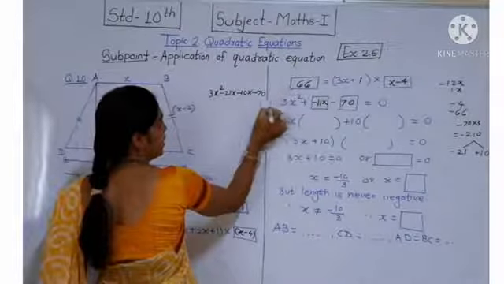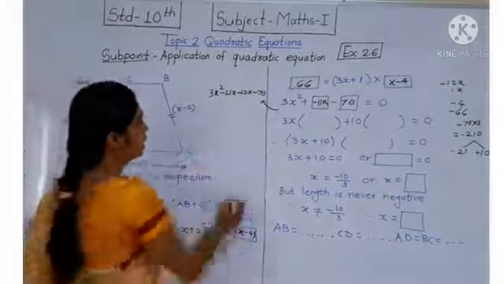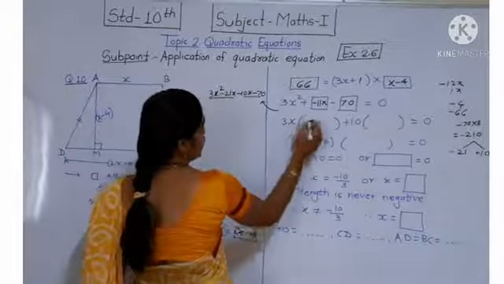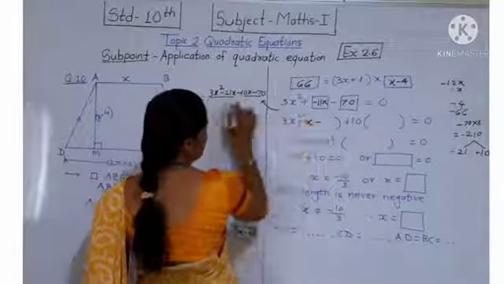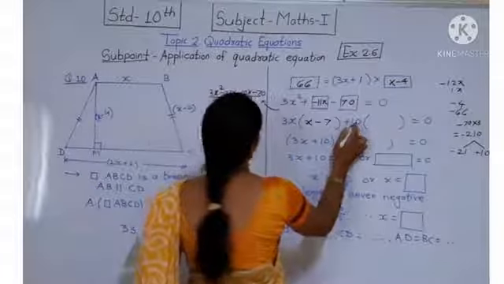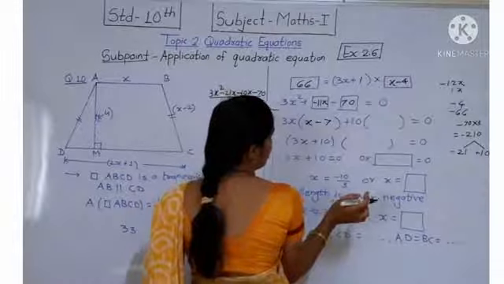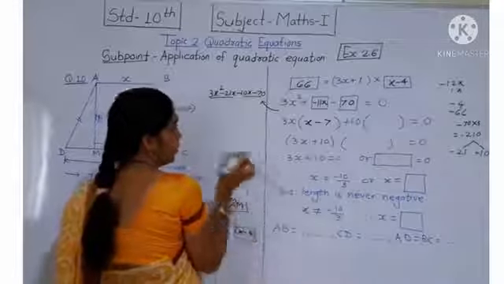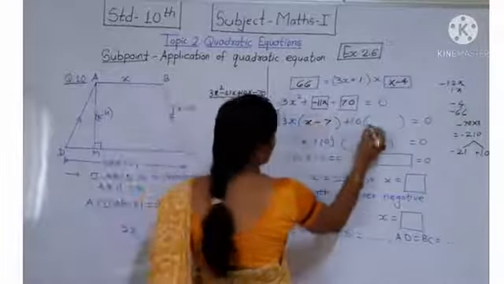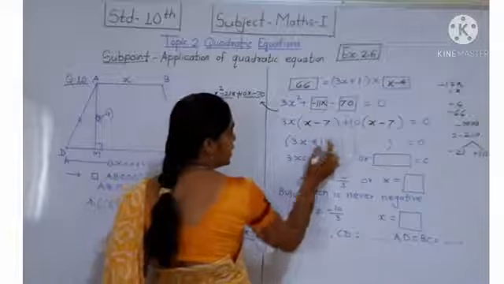Then common is 3x, so remains x minus 7. Here 10 is common: plus 10 is there, 10 is common, x minus 7. So 3x plus 10 and x minus 7.